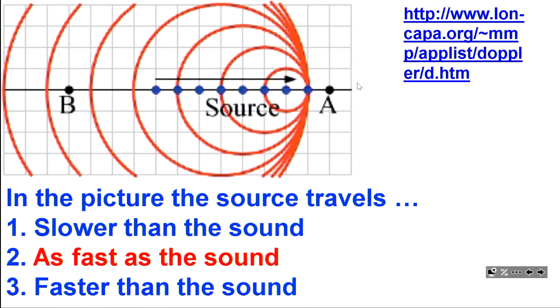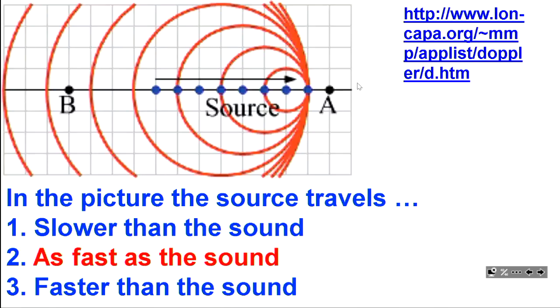Well, this is a situation when a source travels as fast as a sound. So every time the source generates a wave, it travels with the wave. This is how a shock wave is generated.